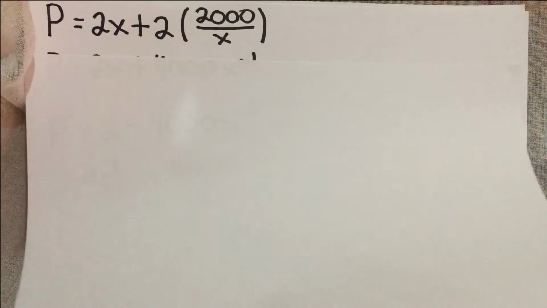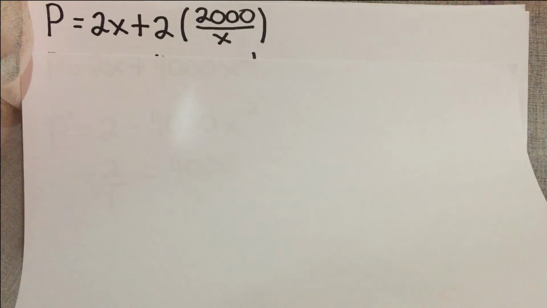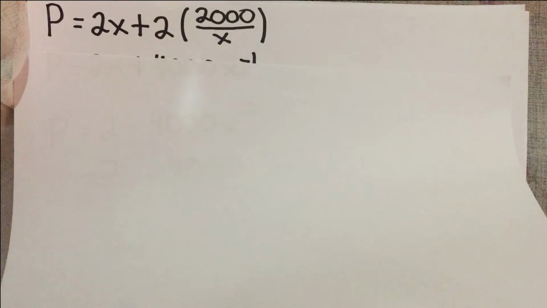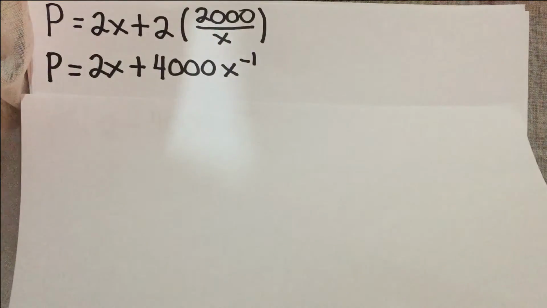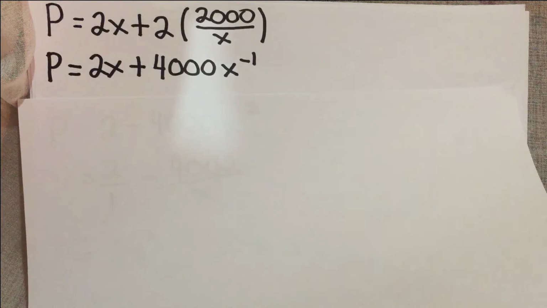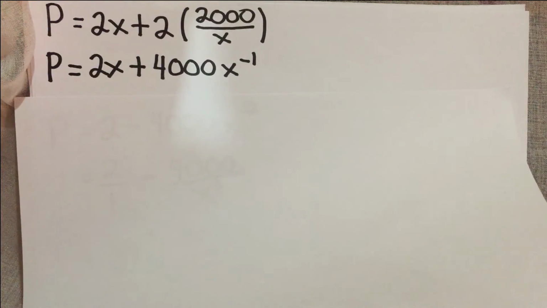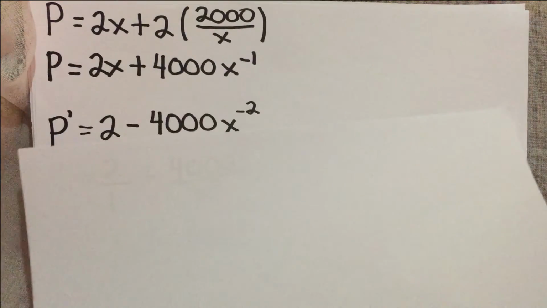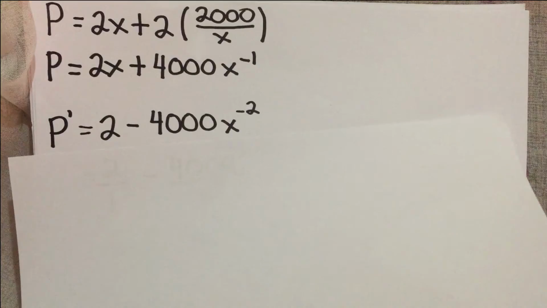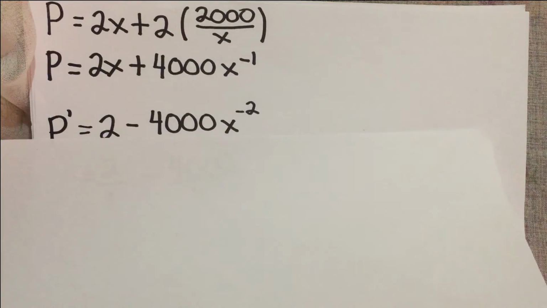So our perimeter is now P equals 2x plus 2 multiplied by 2000 over x. So we multiply 2000 over x by 2, and we get this. And we get the first derivative of it, so it will be 2 minus 4000x to the power of negative 2.